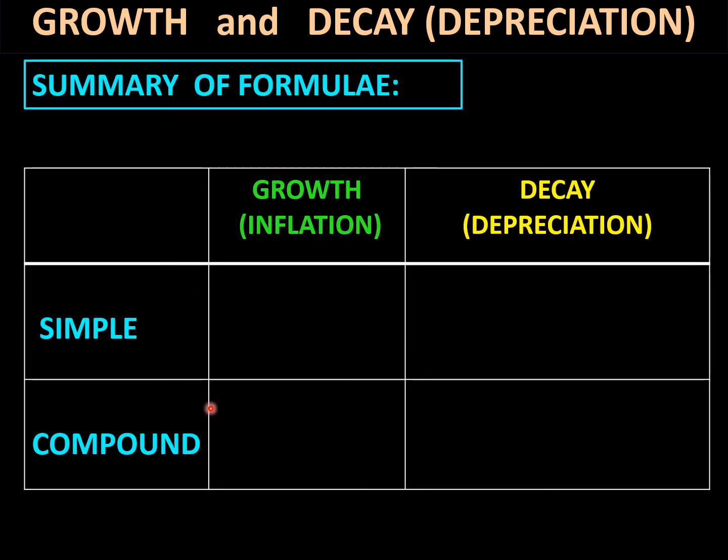Let us just summarize what we've done, growth and decay. Decay is also known as depreciation. Growth is also known as inflation. For simple, that's the formula we use, and for compound, that one. In the case of compound, this is where we're going to have inflation, right?